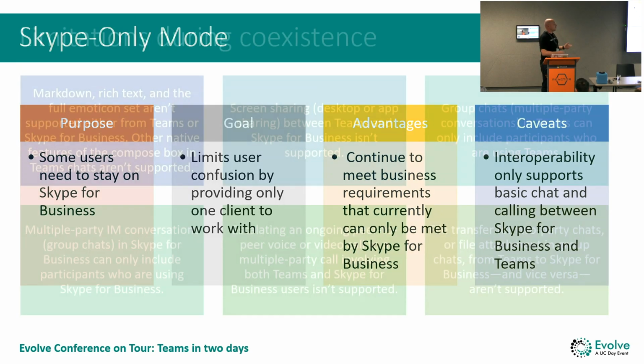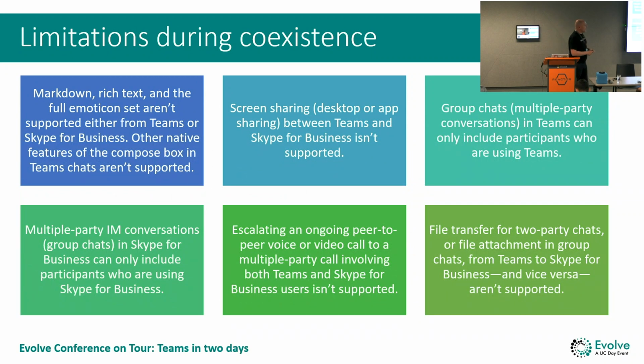Now, that coexistence does have its limitations. If somebody's using Teams and they're used to seeing GIFs and all the full emojis within the client, and they're having that full great experience, then some of that isn't going to traverse from Teams over to Skype because it doesn't support those capabilities. They're not updating Skype to work in the way that Teams does.